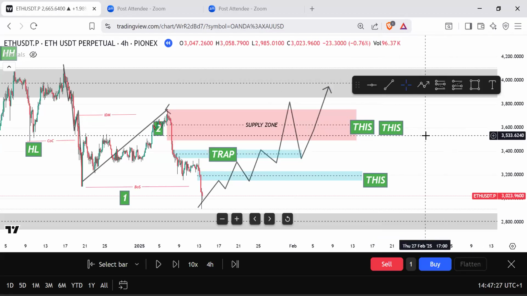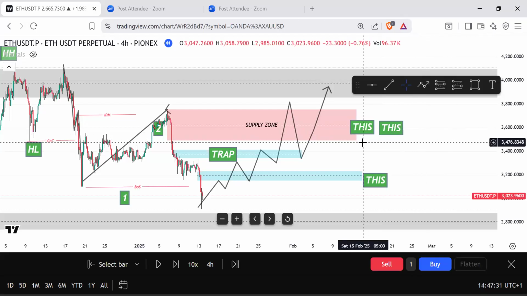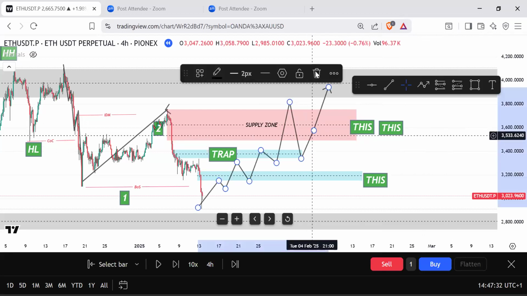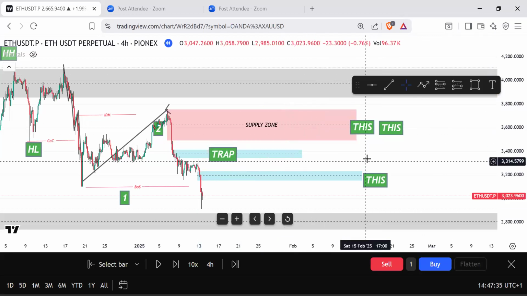Same thing if it's on the buy side. If it is a demand zone, the extreme one is up. That is the place.